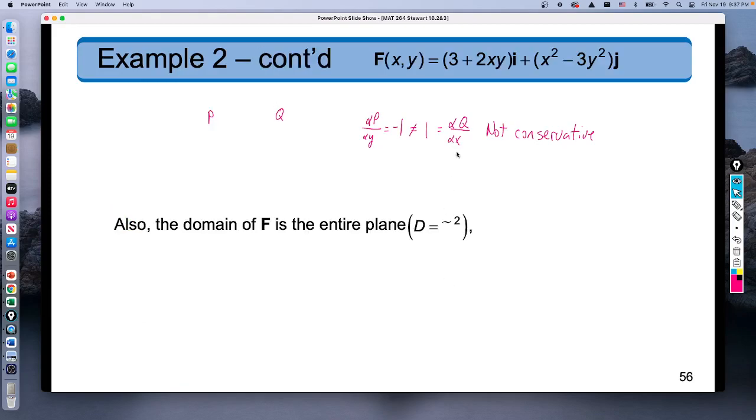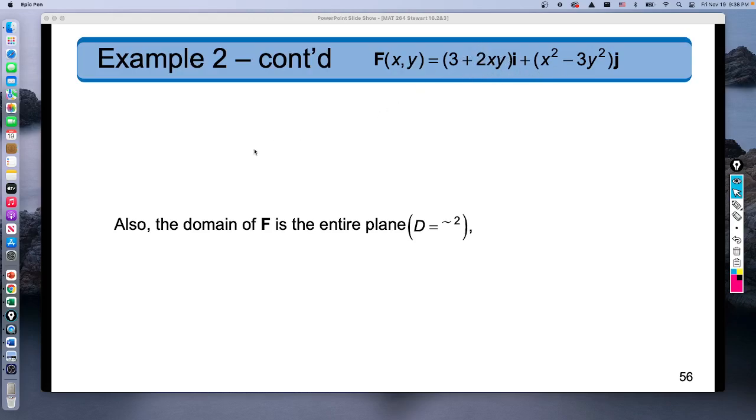Okay, Example B. We're given a different function and asked the same question. I forgot to animate this part, but yes, we could see that the domain is going to be everything. There's nothing to take out of this domain, right? So the domain is all real numbers.